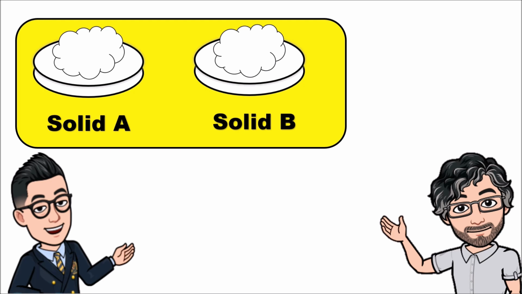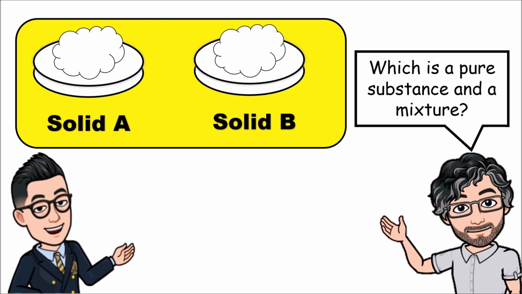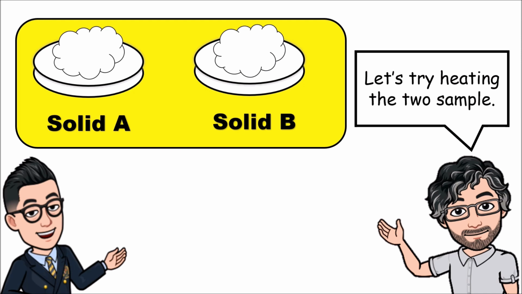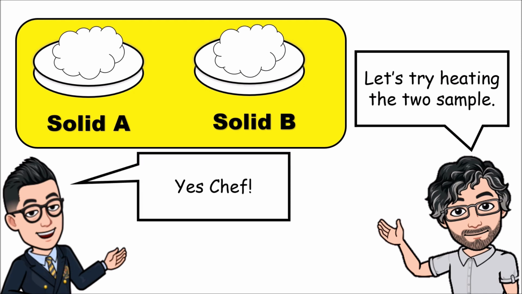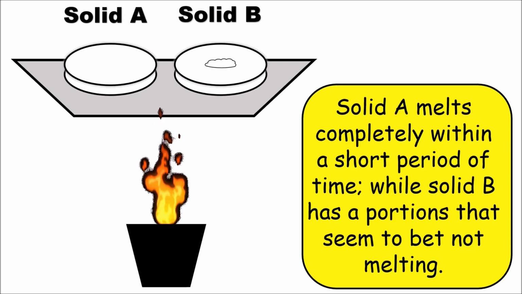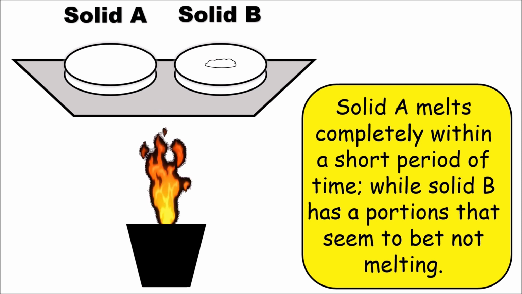They cannot determine which is a pure substance and a mixture just by looking at it. So, to distinguish which is which, they heated the two samples using an improvised melting dish. Both samples were heated at the same time and received an equal amount of heat. After a few minutes, they observed that solid A melts completely within a short period of time, while solid B has portions that seem to be not melting.